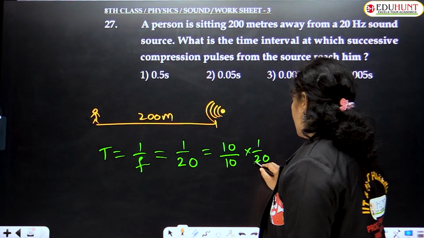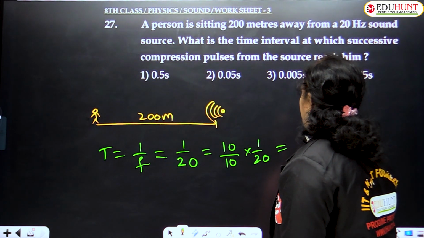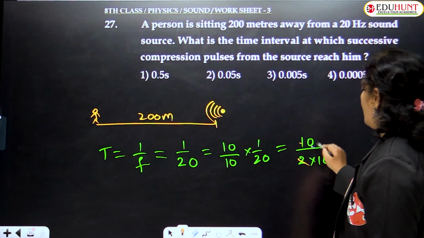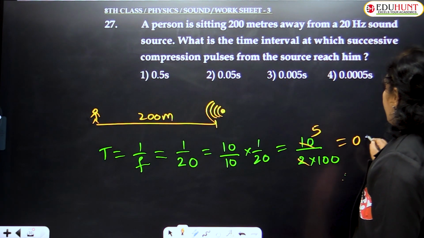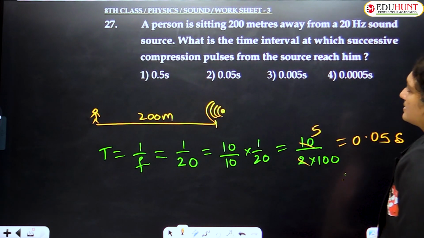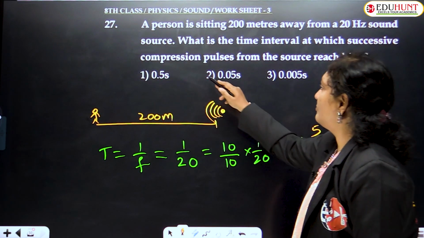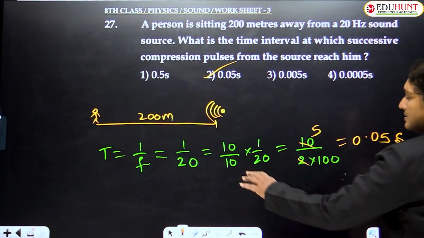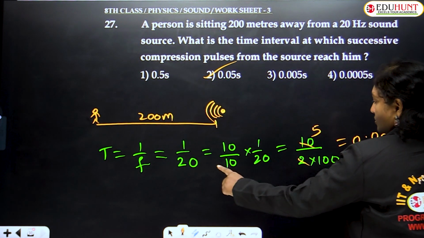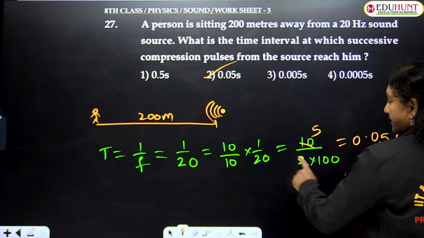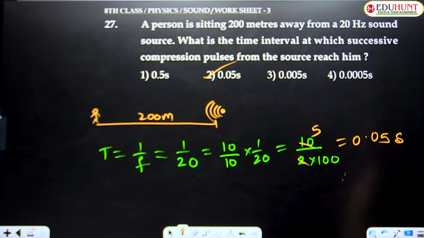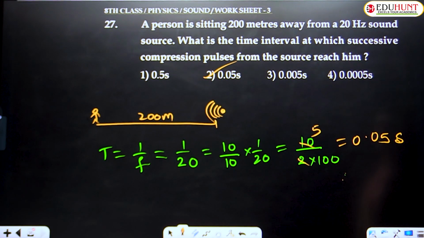So 20 is nothing but 10 upon 2 into 100. 2 goes 5 times. 5 upon 100 is 0.05. Time period is measured in seconds. So 0.05 seconds. I hope this is clear. Just simplify it by multiplying and dividing with 10. 200 I wrote as 2 into 100, 2 simply goes 5 times. So 5 upon 100 is nothing but 0.05 seconds.